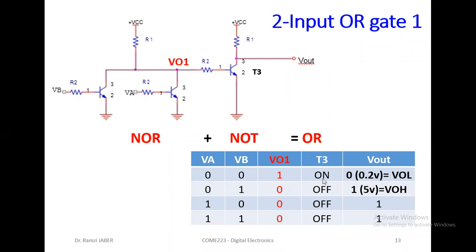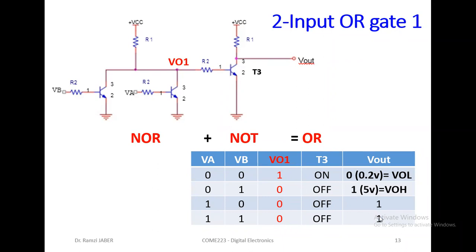The inverter will work if the output is high, this transistor will be on, then the output will be 0.2 volt, because of VCE here. Else, when the NOR output here is 0, this transistor will be off, always off, then V output equals 5 volt. Okay, so we'll get OR, 0, 1, 1, 1.